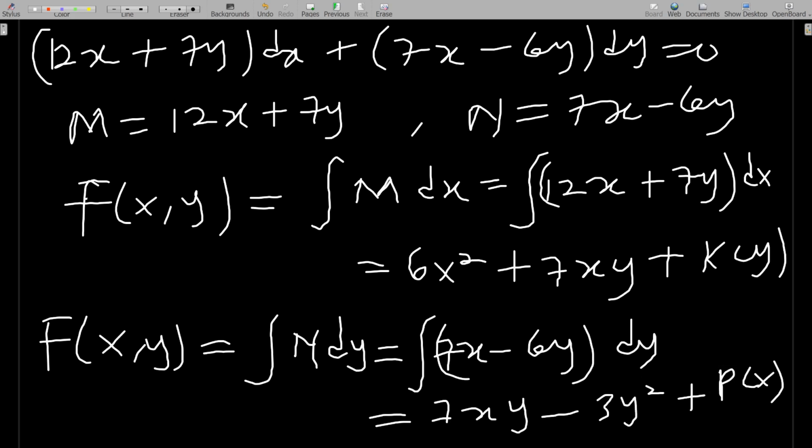I explained why the constant should be a function in the first example you solved. The first solution is this, and the second solution is 7xy minus 3y squared plus p of x.